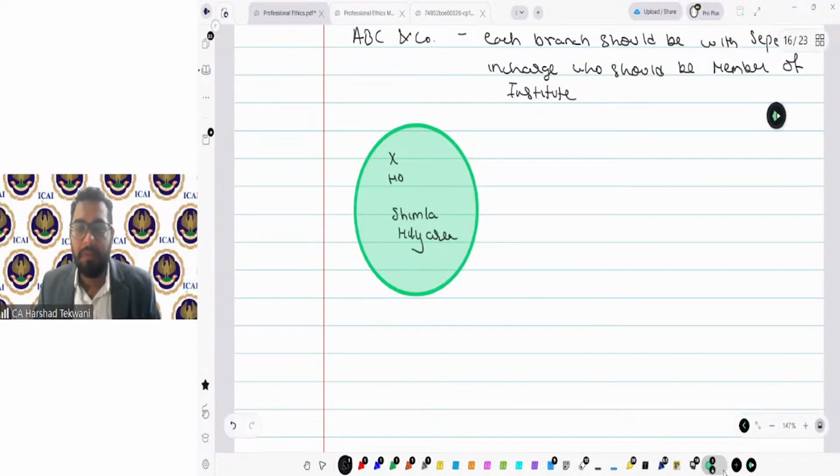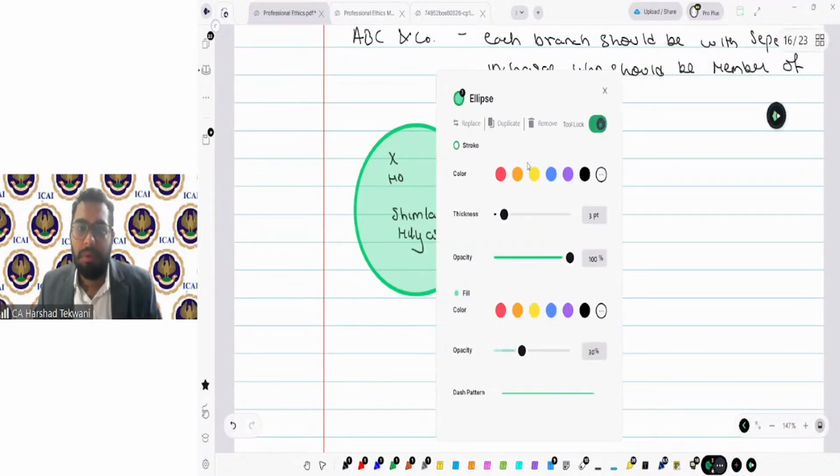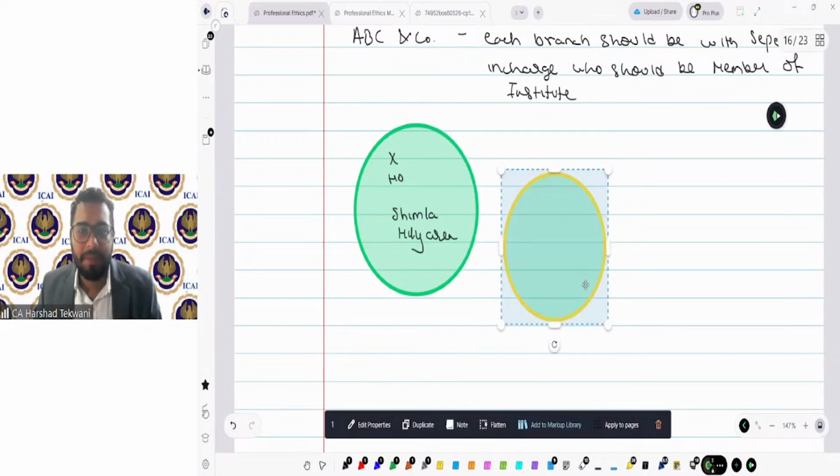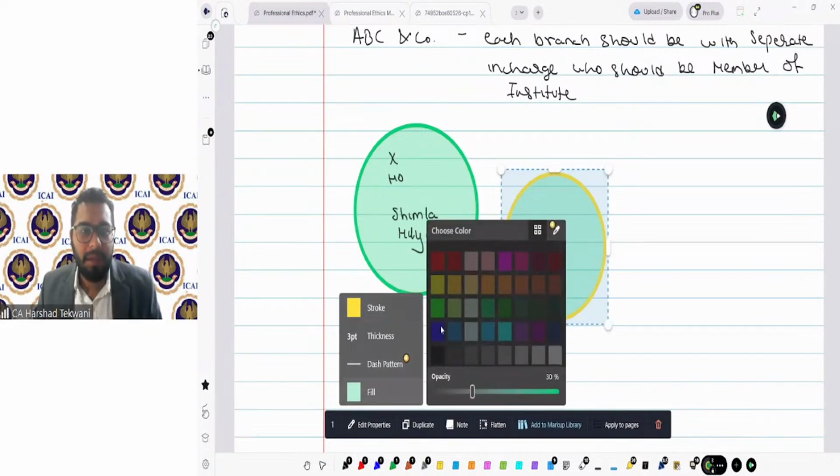basically, nearby city. Let's say, hypothetical example, Delhi or something, nearby city. So let's say this is Delhi.